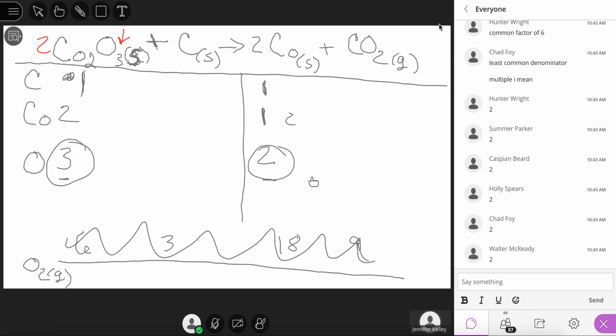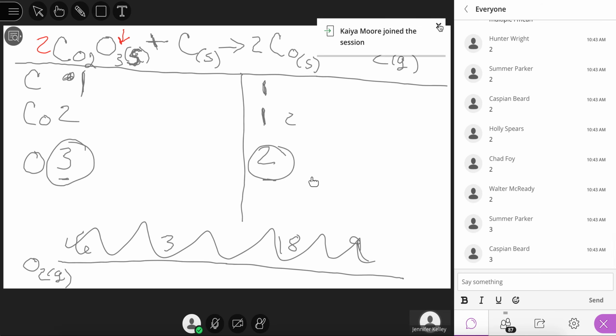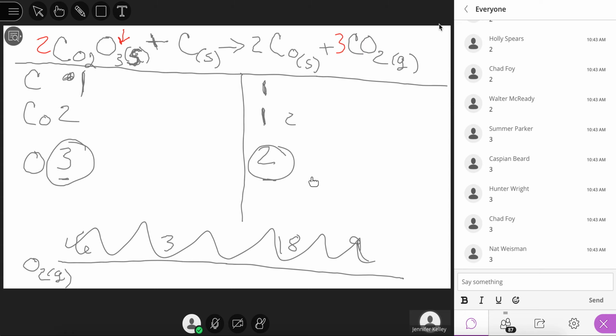And on the right-hand side, what do I multiply 2 by in order to get 6? 3. All right, so I'm going to recount both sides. And before we go much further, I see I've got 4 cobalt on this side, but only 2 on this side. So how would I fix that?